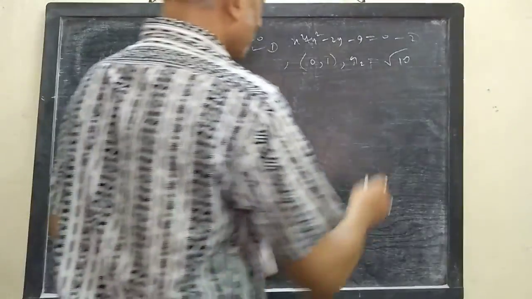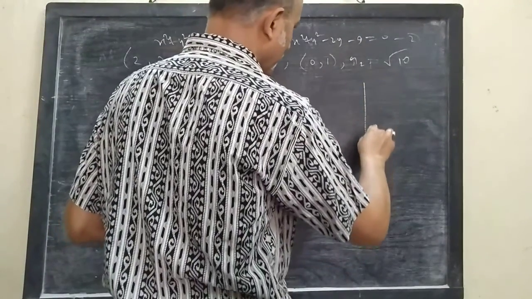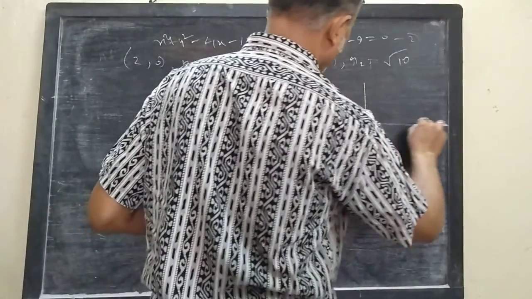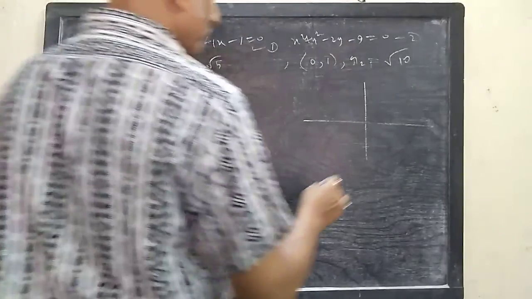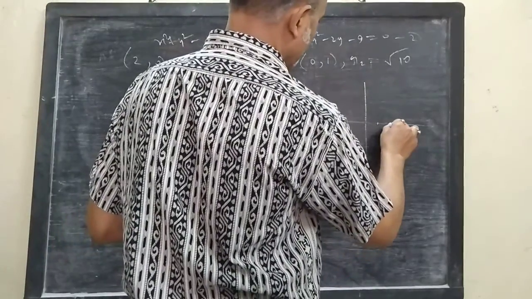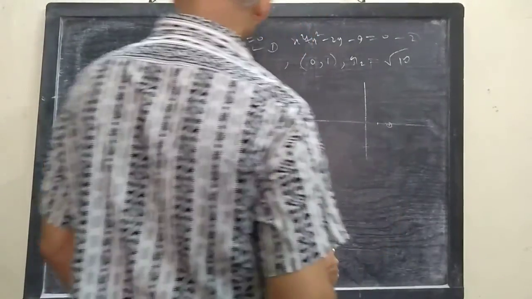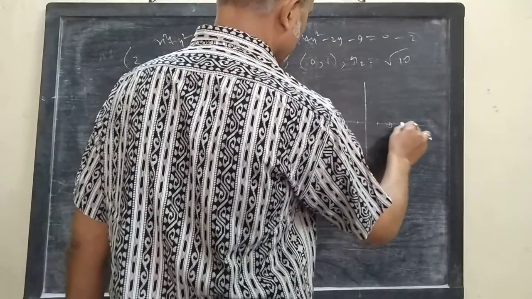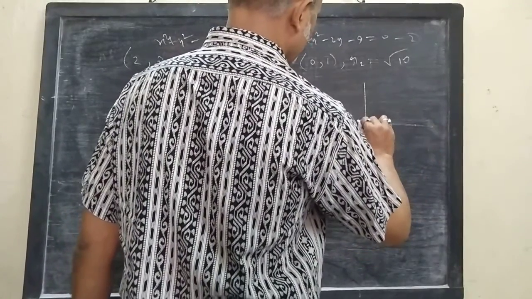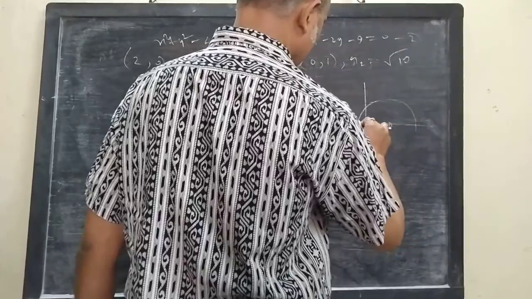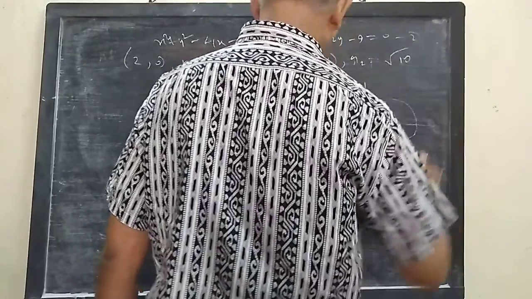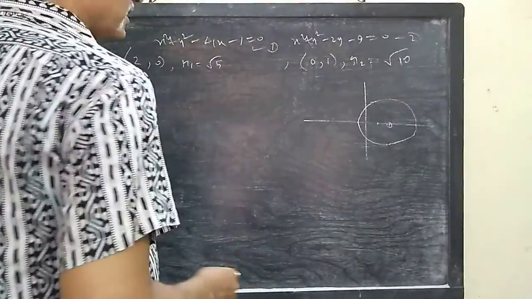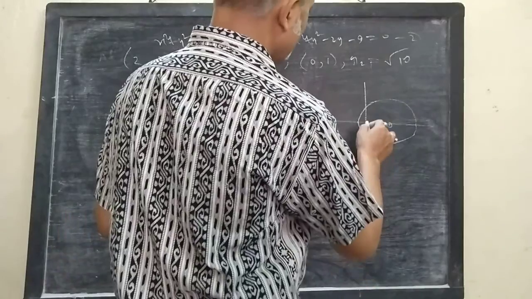So let us draw them. 2, 0, this is center, radius is root 5, which is slightly more than 2. This will be your first circle.